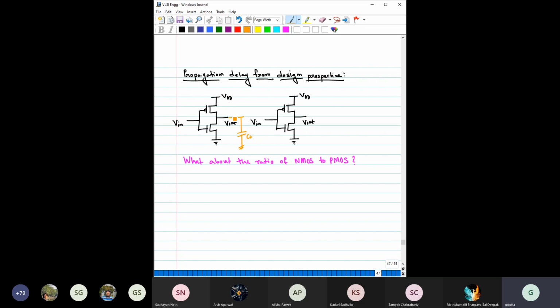What I am trying to say is that now we have to find what should be the ratio of this PMOS and NMOS such that the propagation delay of an inverter would be minimum. And I will show you that this 2:1 definitely is not the ratio, or the ratio of their equivalent resistance should not be the ratio to get the minimum propagation delay.